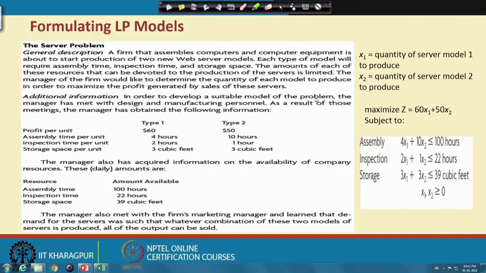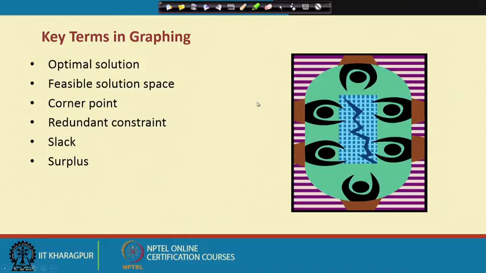Now, in order to know the particular fact, let us go to the structure. So this is the graphic structure. We look for optimal solutions, feasible solution space, then corner point solution, and then a redundant constraint. That means we actually have a couple of constraints.